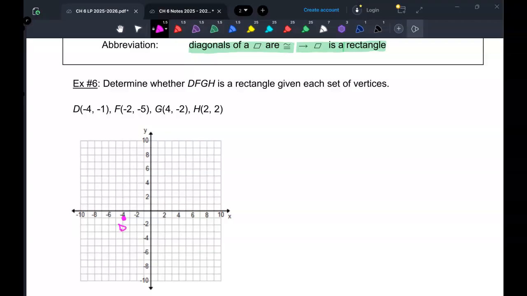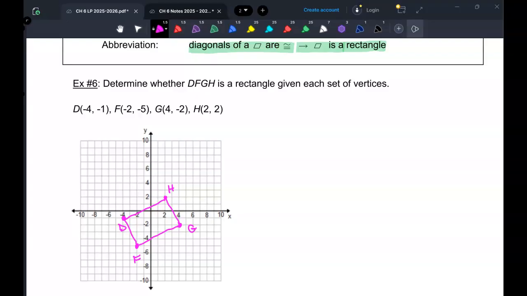-2, -5. 4, -2 is G. Okay, could we do the midpoint theorem? We could, but that will just prove if it's a parallelogram.